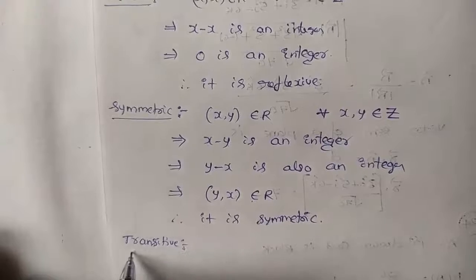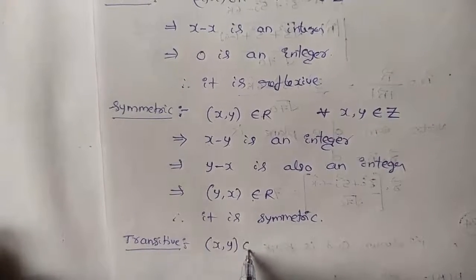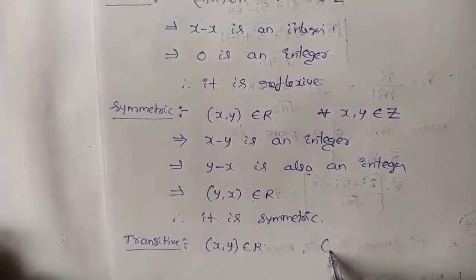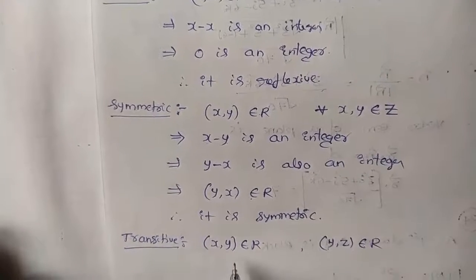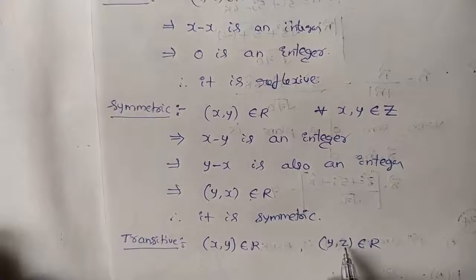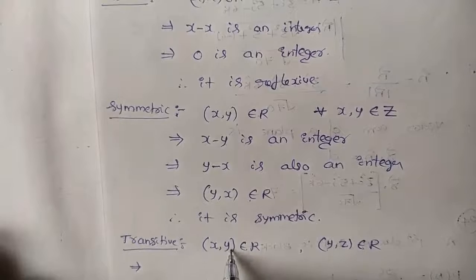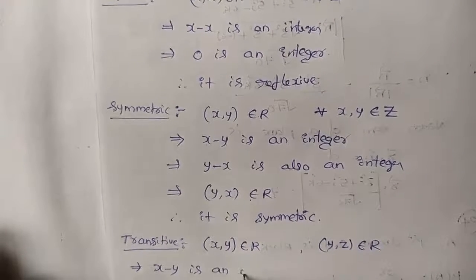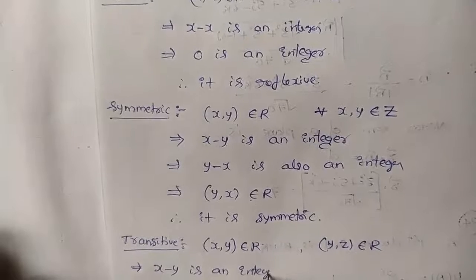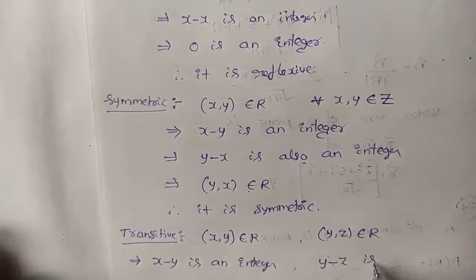Next, what about transitive? Transitive: x comma y belongs to R, y comma z belongs to R, that is a comma b belongs to R, b comma c belongs to R, then a comma c belongs to R. So x comma y belongs to R, x minus y is an integer. y comma z, y minus z is an integer.